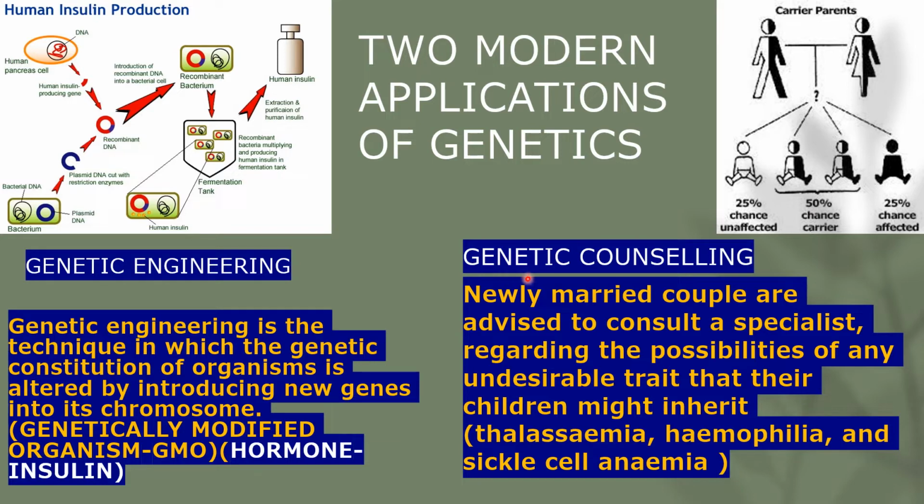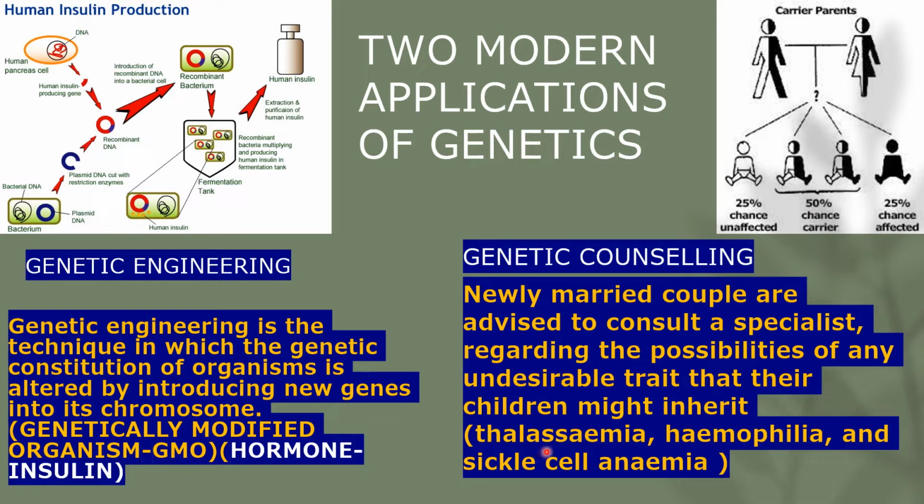Another application is genetic counseling. A newly married couple is advised to consult a specialist regarding the possibilities of any undesirable trait which their children might inherit. Examples: thalassemia, hemophilia, sickle cell anemia.